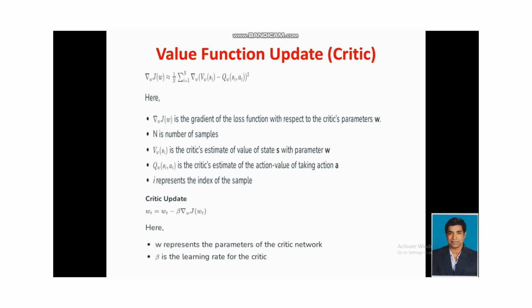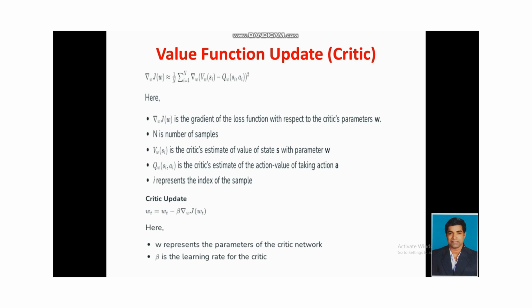Value function update on the critic side. Gradient w of J(w), that means the objective function, is approximately 1 by N into summation i equal to 1 to N, gradient w into (V_w of s_i minus Q_w of s_i comma a_i) the whole square. Here gradient w of J(w) is the gradient of the loss function with respect to the critic's parameter w. N is the number of samples.